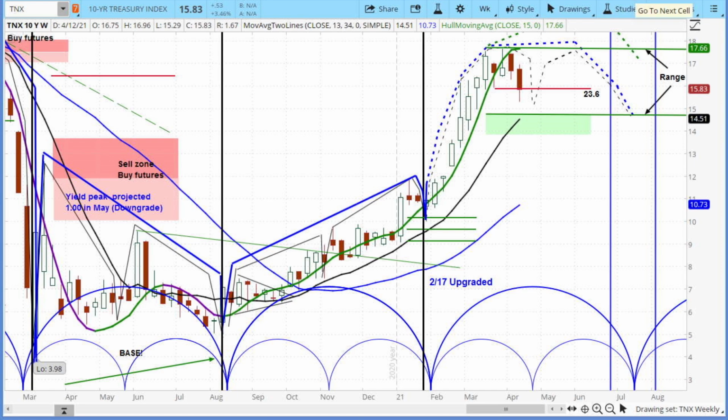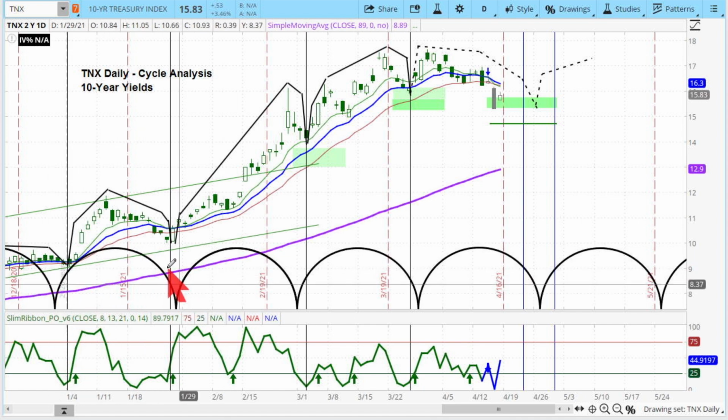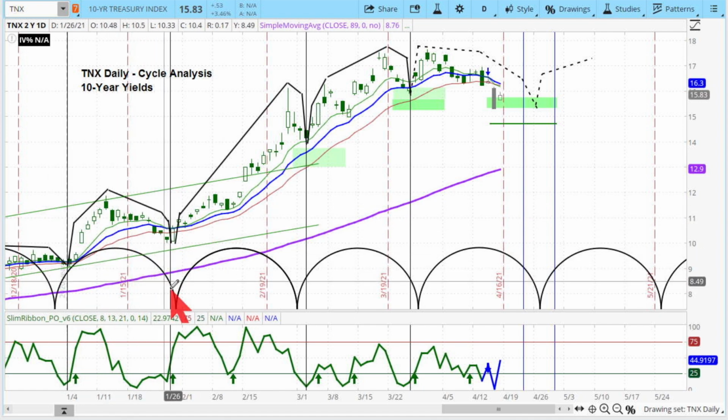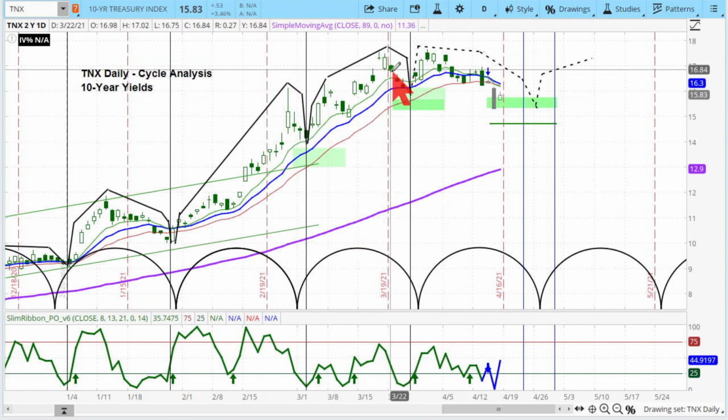Well, let's try to pinpoint that a little bit. Here is the daily chart, and you can see that the cyclical patterns in here are beautiful. The declining phase right in here, the declining phase right in here, the declining phase right in here.